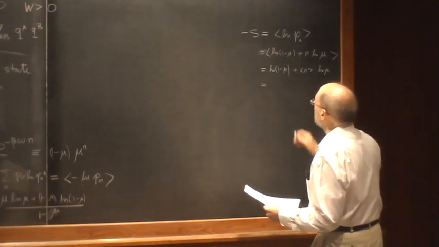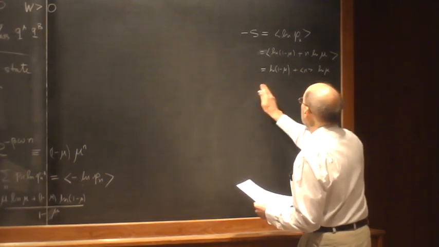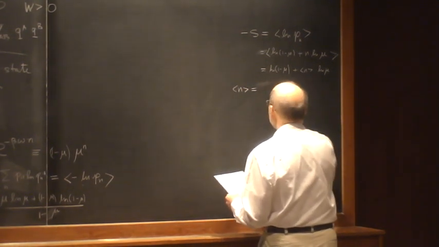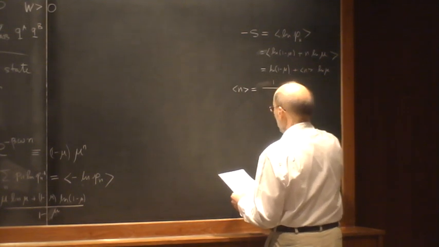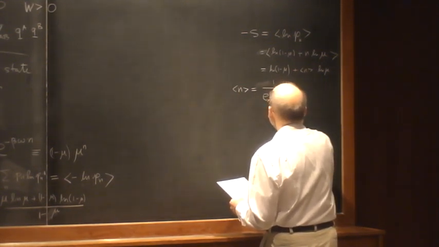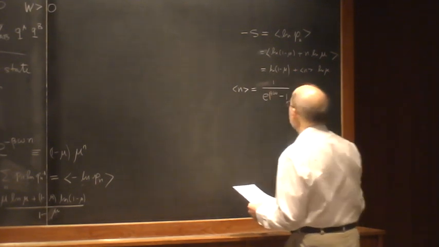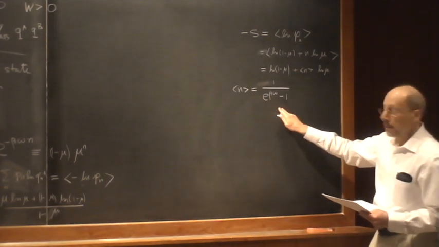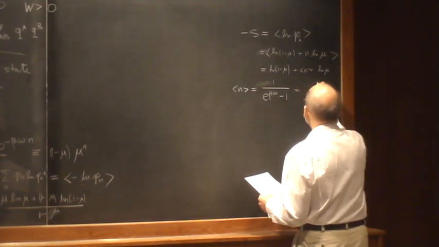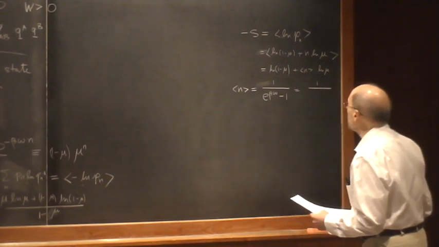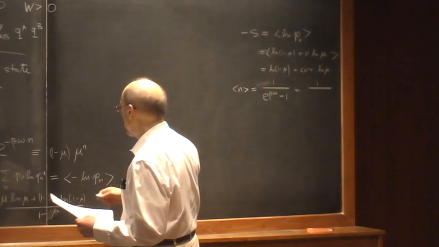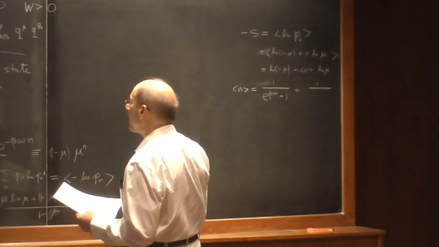And if it's not, it's worth committing it to memory, which is that, now we just recall, for bosons, the expectation value, at temperature T, is this formula, which is written in terms of mu, by definition of mu.